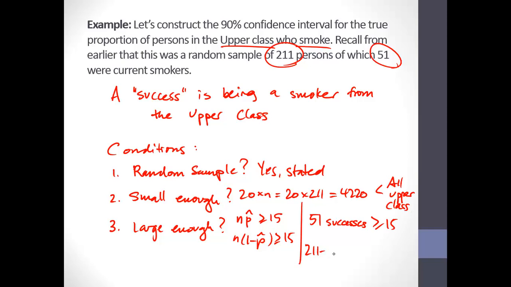And we have 211 minus 51, which is 150 failures, which is bigger than 15 as well. I can't do math today, can I? 160. The formula is n times p hat, but when they give us the numbers, you can just use the number of successes given directly. Each one of these checks out and we're ready to roll.